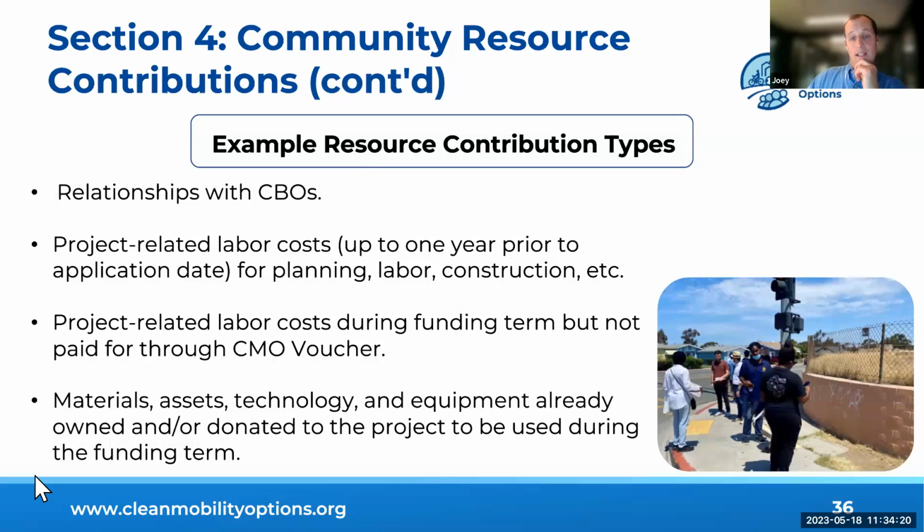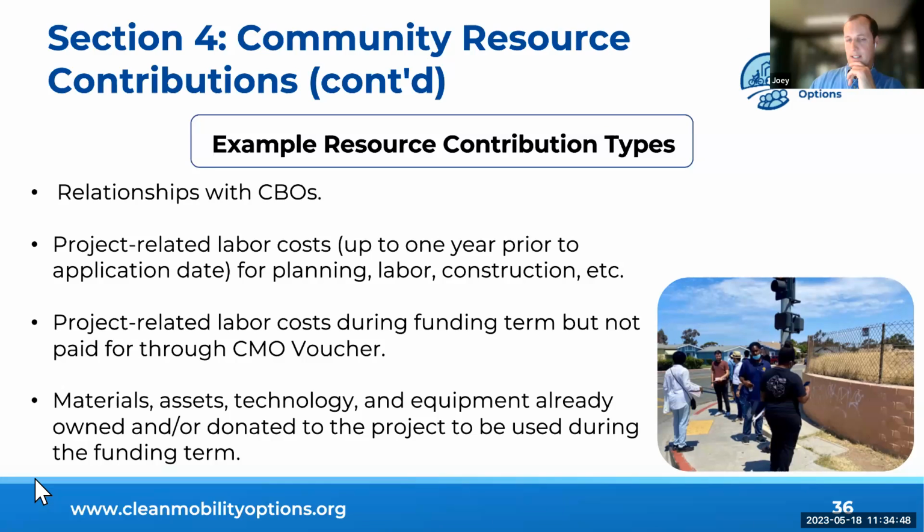But real quick, just a few examples of resource contribution types. Relationships with CBOs. This can be more than one community-based organization that's going to support your project in some way. Project-related labor costs for planning, labor, and construction that are paid for by maybe another funding source.